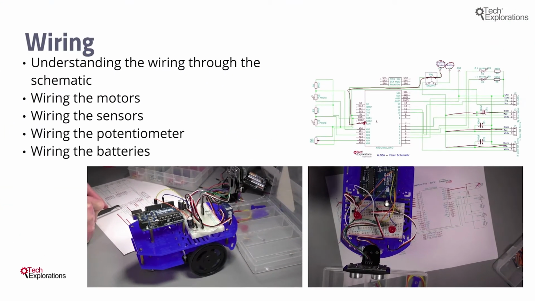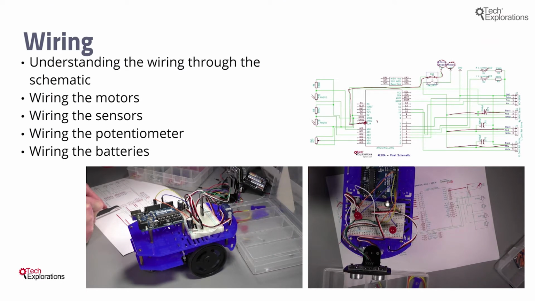Next, section number 5 is where we do the wiring. Now this is the part of the course that is the most detailed in terms of how much effort and time you need to put into this section. And this is where it's also very easy to make mistakes.